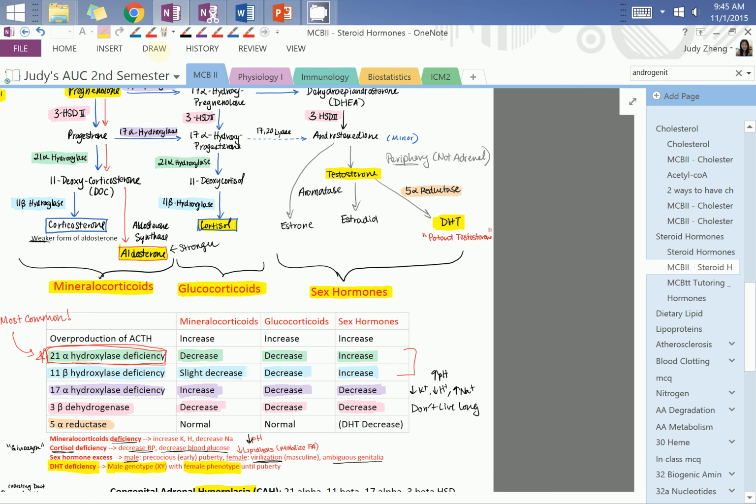It's almost like a hermaphrodite. So these people will probably be raised as girls, or live all their life as girls until puberty, but they're genetically male.